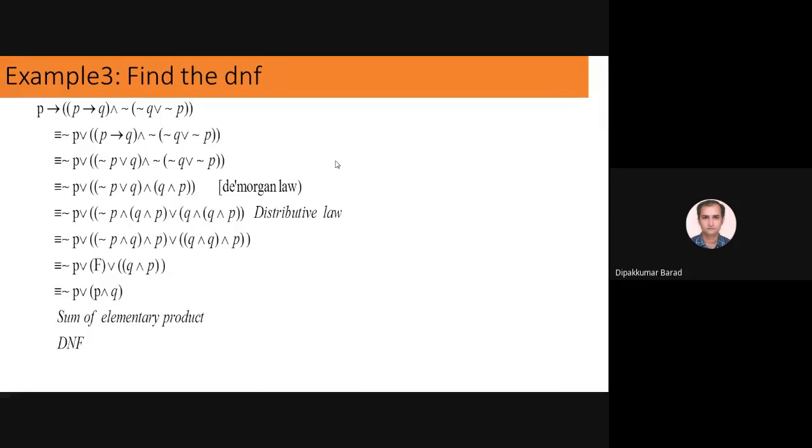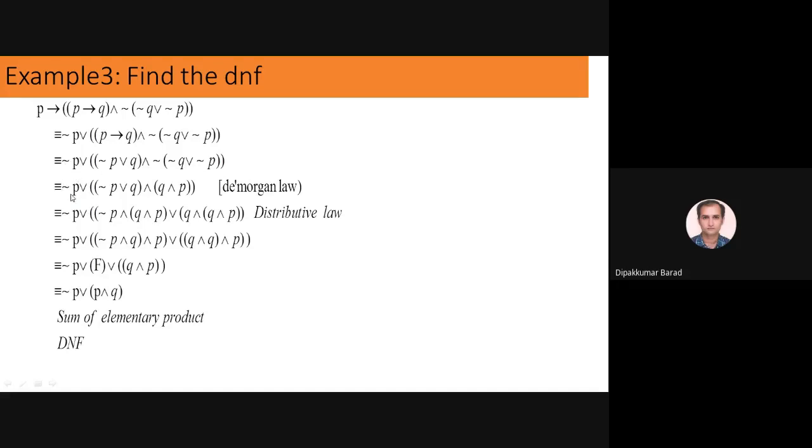Find the DNF. Here: (P implies Q) and not of (not Q or not P). For this, I have to remove this implication: not P or Q, and the remaining as it is.